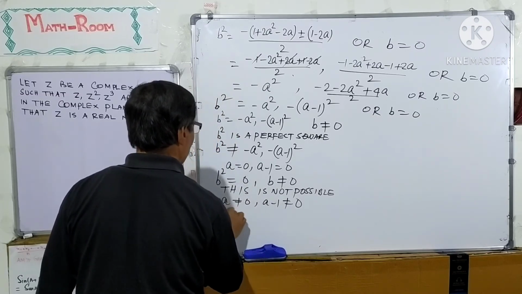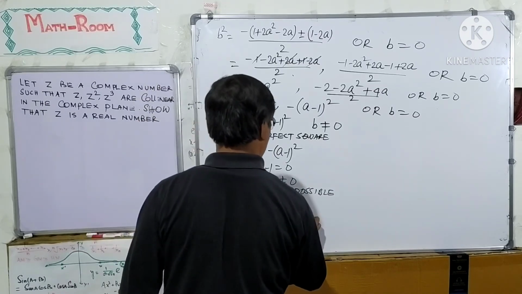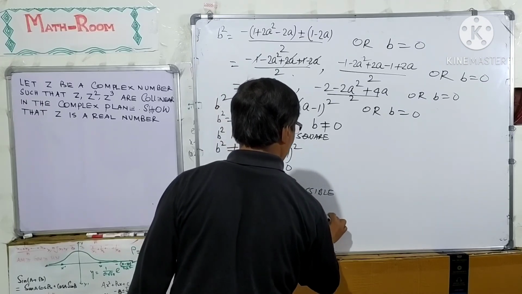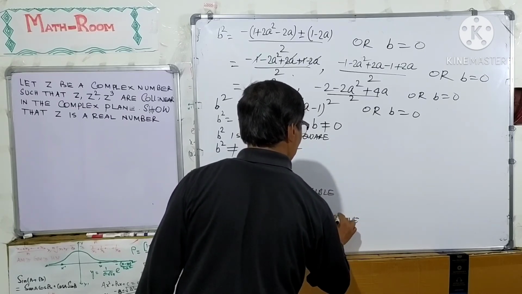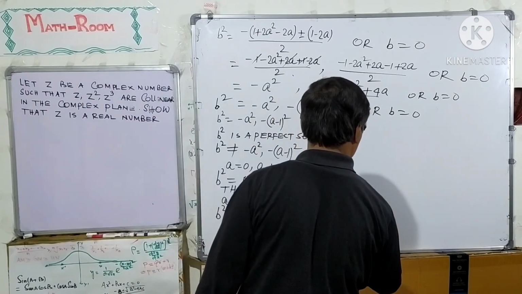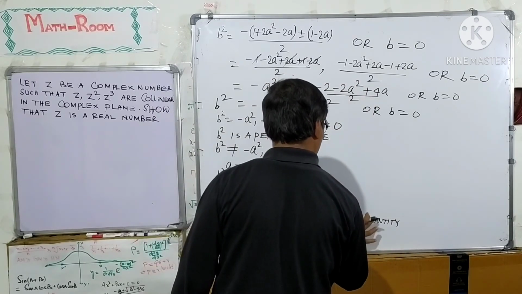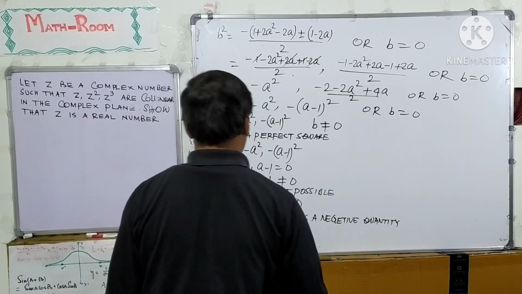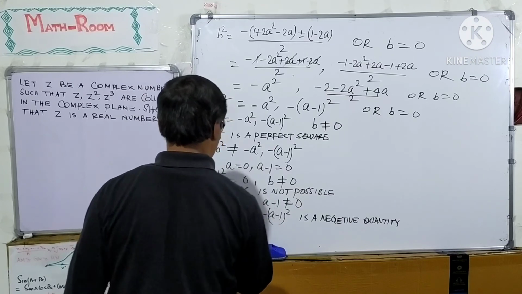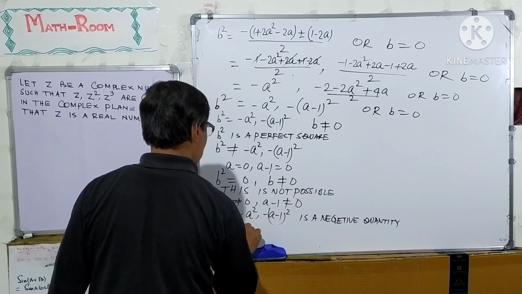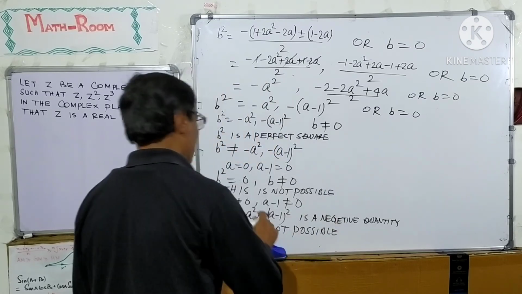So, b square equal to minus a square or minus a minus 1 whole square is a negative quantity, which is not possible when b not equal to 0.